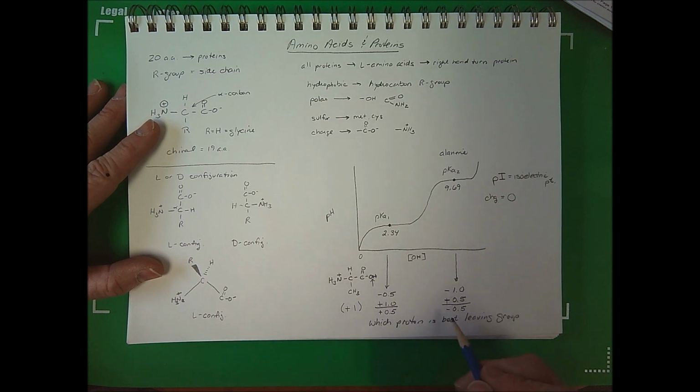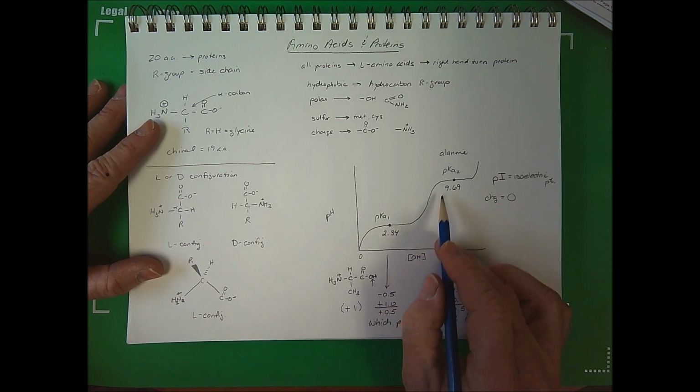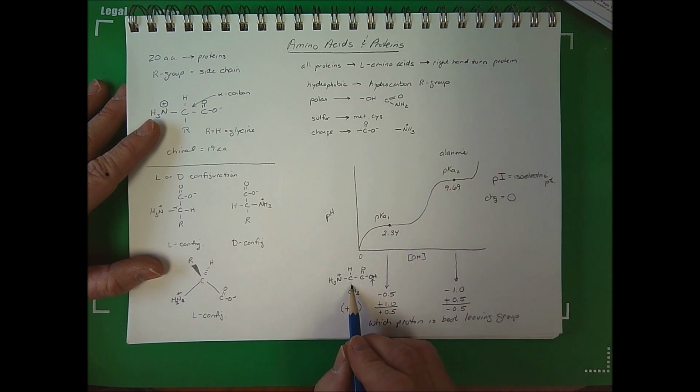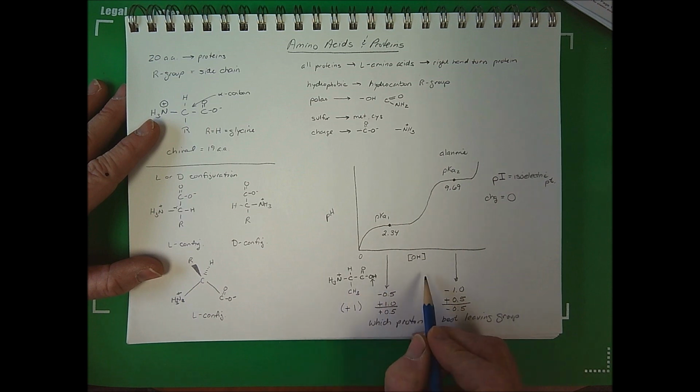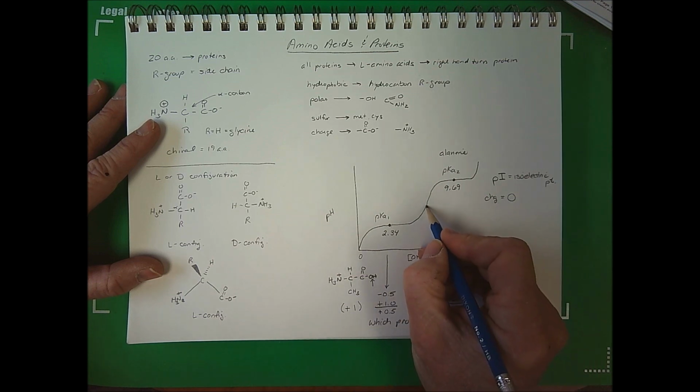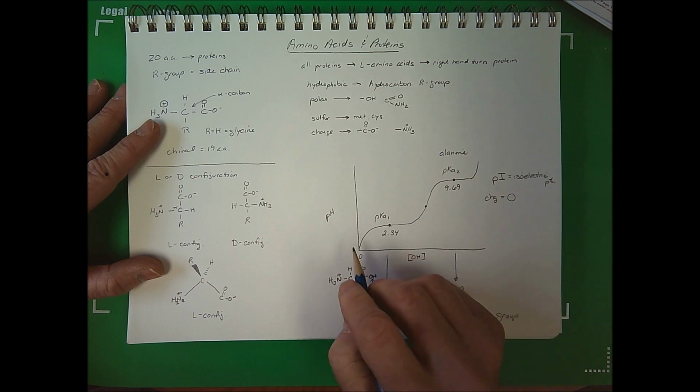So the question becomes then, at what pH along this range is alanine representing a 0 charge, balanced positive with negative? That is going to be halfway between these two.